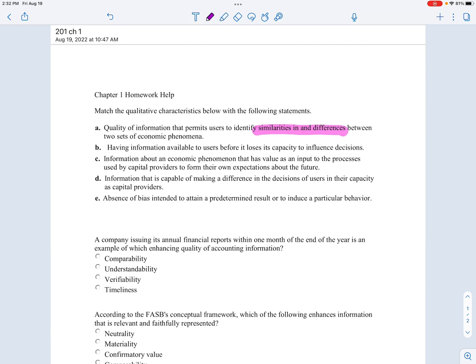That then relates to comparability. When I look at B, it's saying it has information available to users while it's still relevant, so before it loses its capacity to influence decisions. So we want that information while it's relevant.